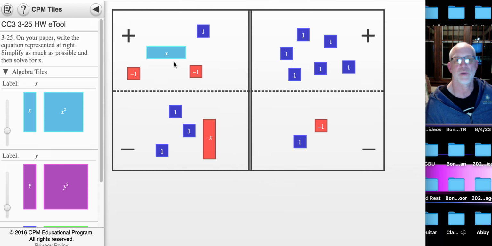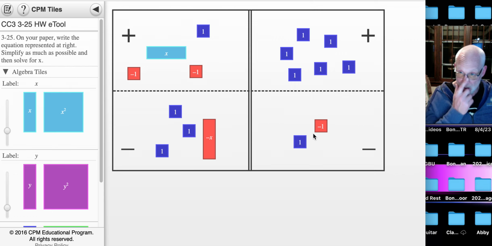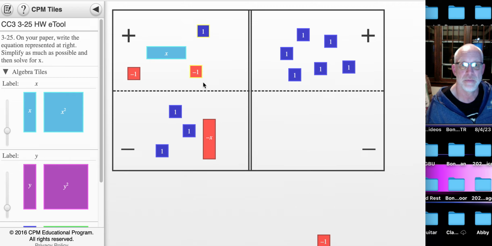Balance this. So right now we have x, plus 1 minus 2, opposite negative x plus 3 equals 6, opposite 1, subtract 1. So I'm going to get rid of 0 pairs here and here. I'm going to take everything up to the top.